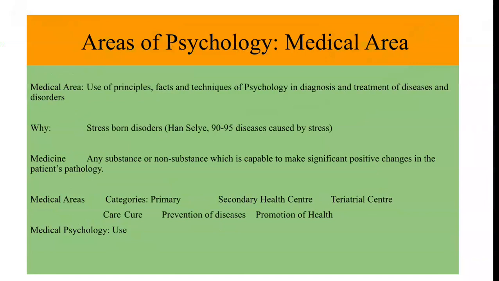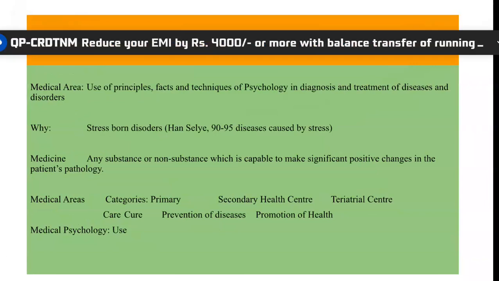In such diseases, medical psychology helps to prevent the disease from further aggravating and also prevents the disease from reaching such a worse degree that it causes another psychological or physical disorder. And at the topmost, medical psychology also helps to promote health.